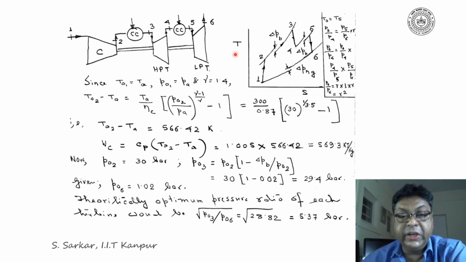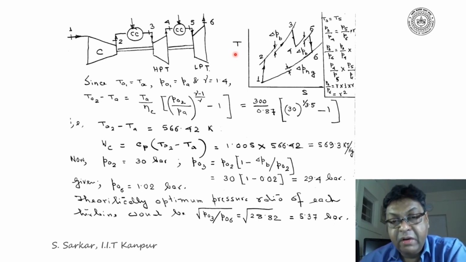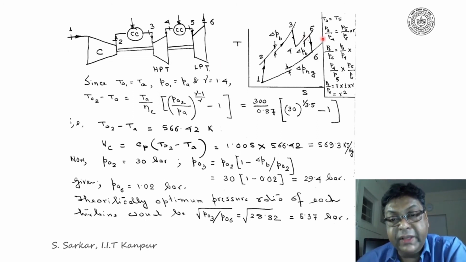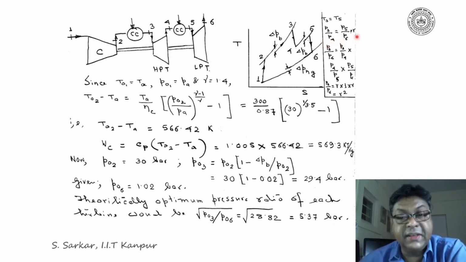That means pressure ratio in HPT must be equal to LPT. Further, T3 is equal to T5. Now let us consider the pressure ratio of each turbine can be designated by small r. Thus I can write P3 by P4 is equal to P5 by P6 is equal to r.